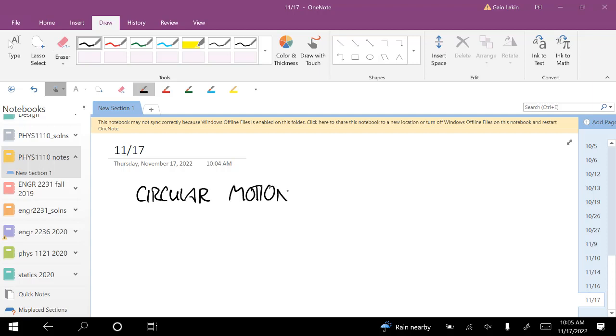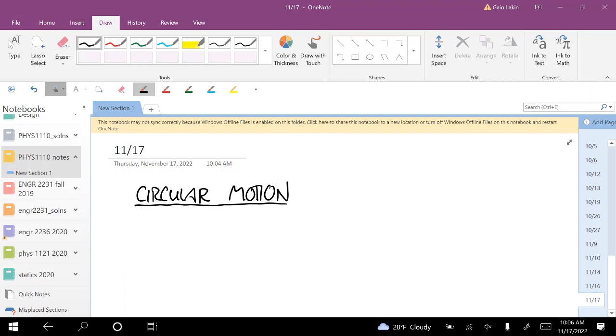Understanding circular motion is heavily dependent on understanding the stuff we've been doing in labs with parallel and perpendicular parts of the acceleration and those adding up to the total acceleration. So I want you to keep that in mind as you work on problems.